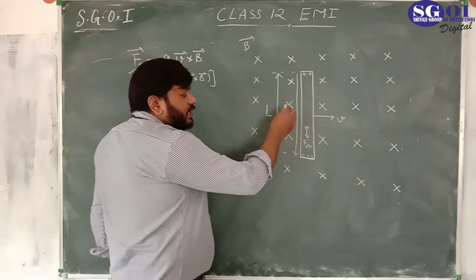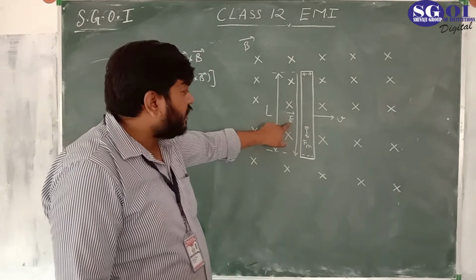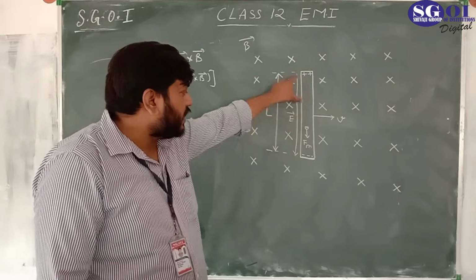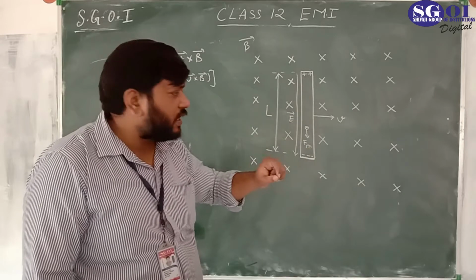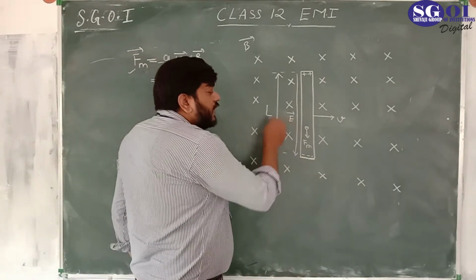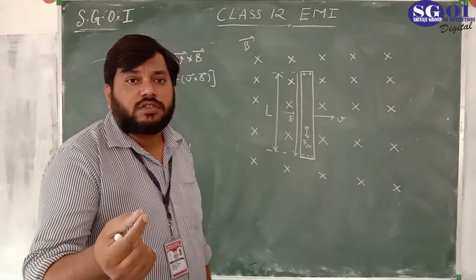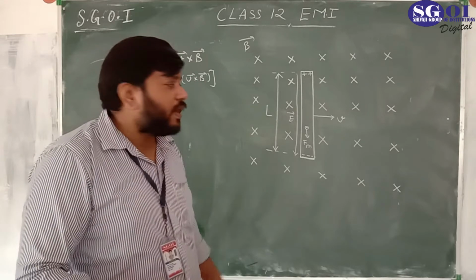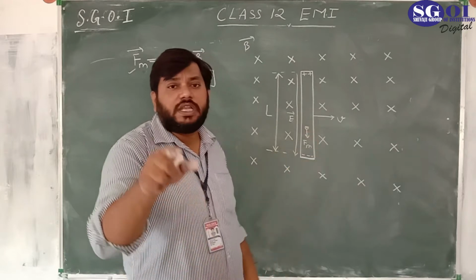As a field starts creating, electric field starts creating because of this accumulation of charges. Because of this electric field, an electrostatic force also starts applying on the negatively charged particles, the electrons.